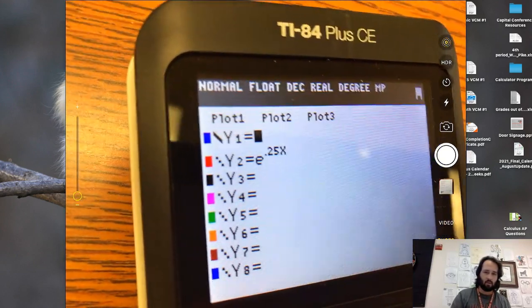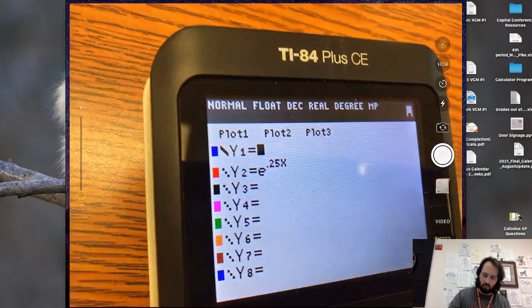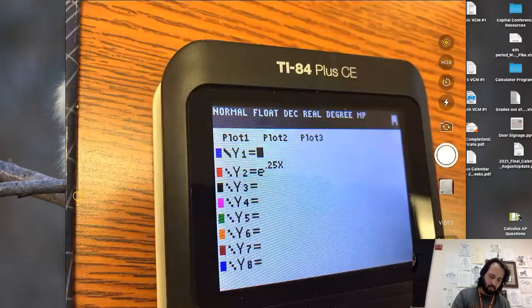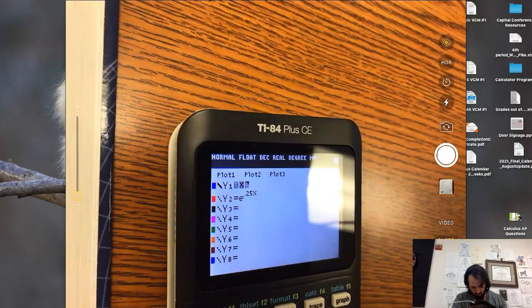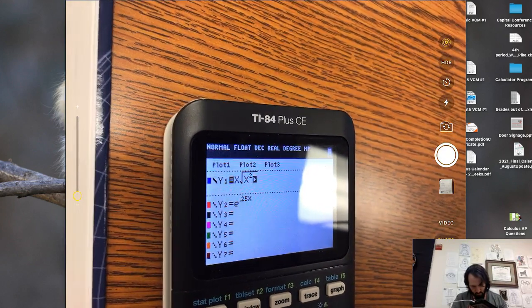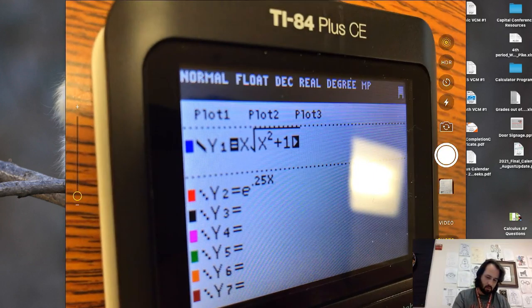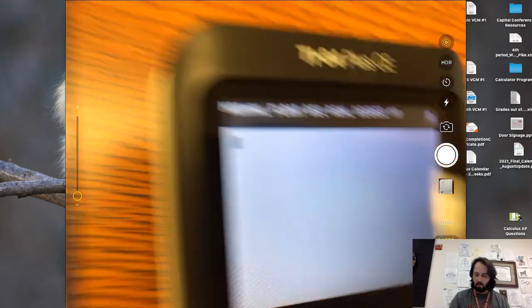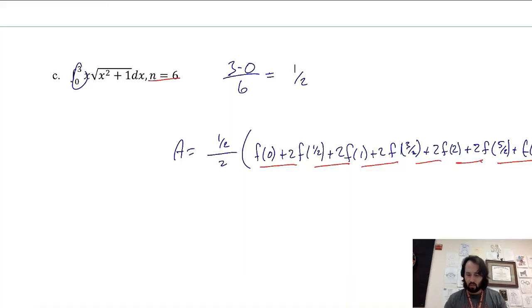We do that by doing y1 equals x square root x squared plus 1. So now when I do my calculations, I'm going to do it on my main screen. Let me do that, and then I'll show you what my calculator looks like.